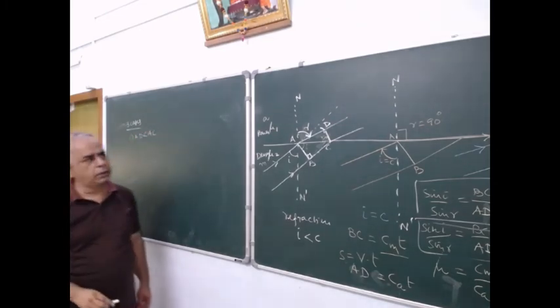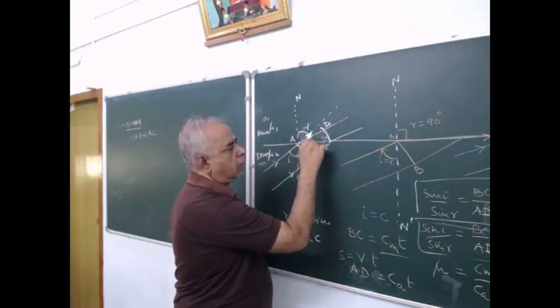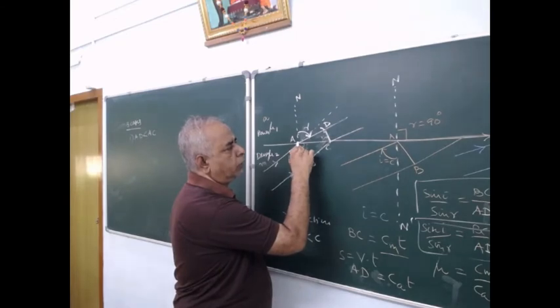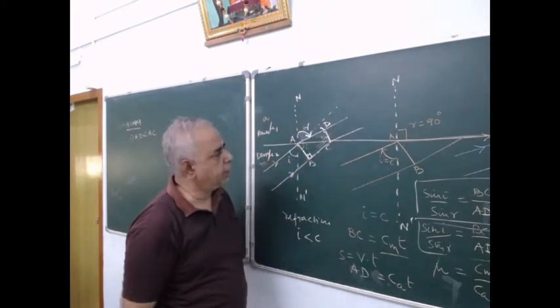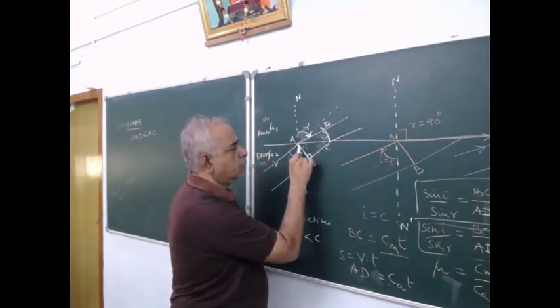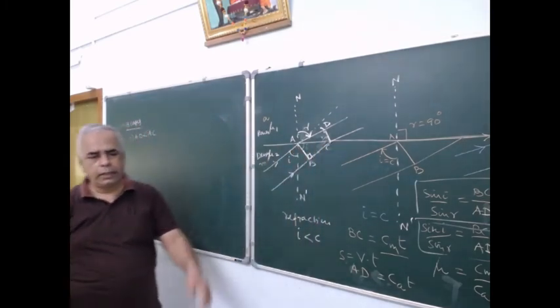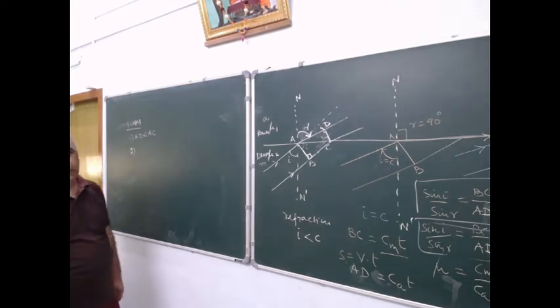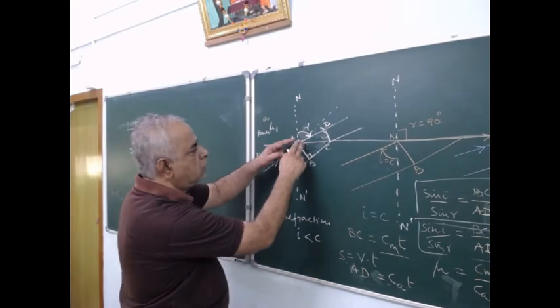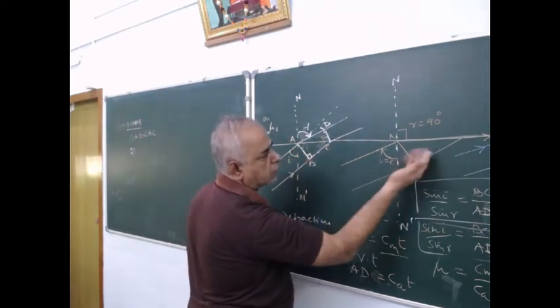What is AD here? That is the refracted ray, the arc length of the secondary wavelet of the refracted ray starting from A. So AD is less than AC. This is the first case. The second case is where these two are equal. It means it just grazes the surface, as in this case.